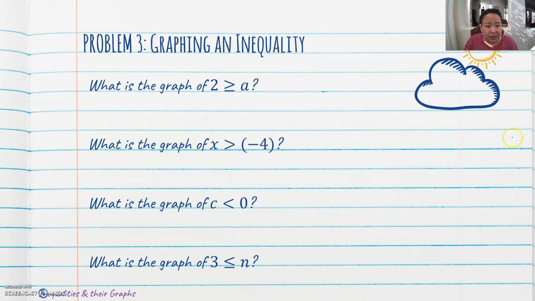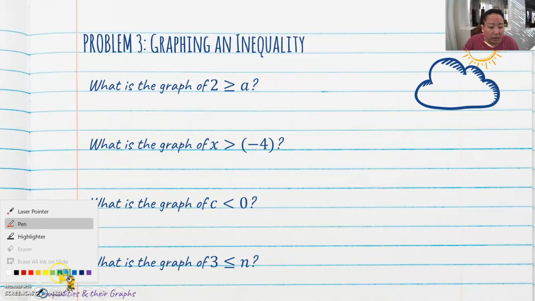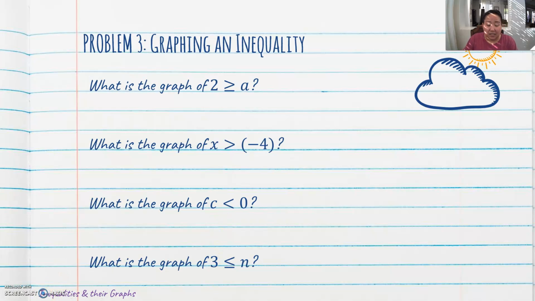What is the graph of 2 is greater than or equal to A? One thing that I would like to highlight here is that it is a lot easier and less confusing if your variable is on the left side.